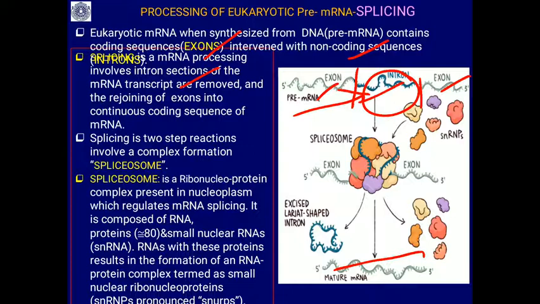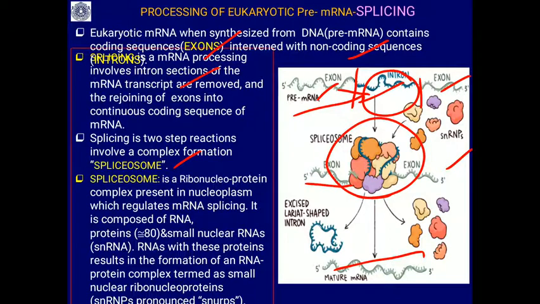Splicing is a two-step reaction. It is not a simple reaction; a complex is formed, called the spliceosome. These spliceosomes are made of RNA, pre-RNA, and proteins. These proteins are called small nuclear ribonucleoproteins, snRNPs.